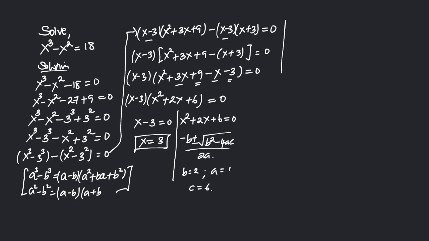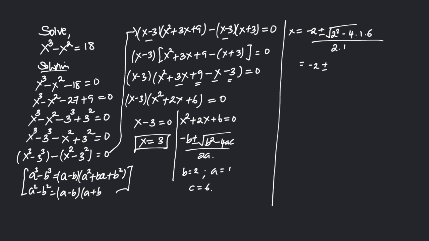If we replace those values in the formula, we'd have x being equal to minus 2 plus or minus the square root of 2 squared minus 4 times a, which is 1, times c, which is 6, all over 2 times a, which is 1. That simplifies into minus 2 plus or minus the square root of negative 20 over 2.